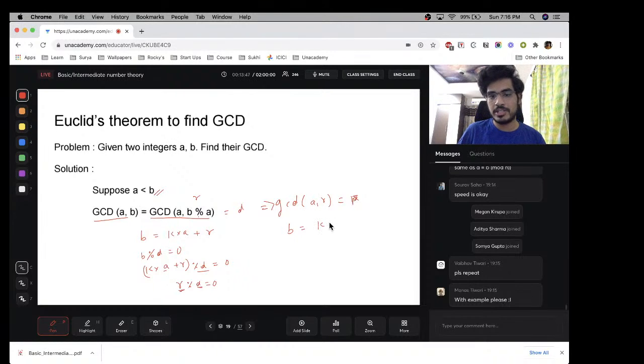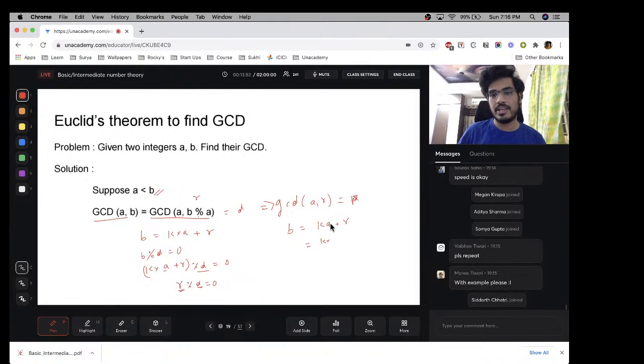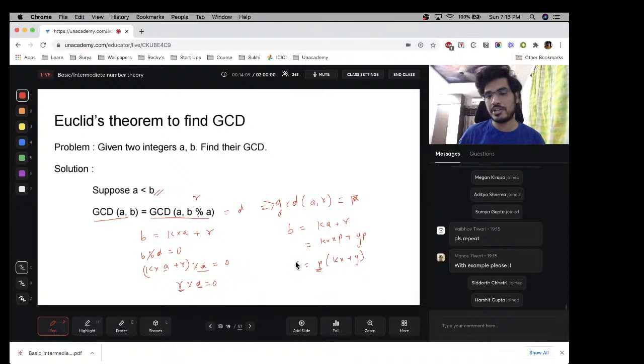Then b equals k a plus r. Since p is a divisor of a, we can write a as x into p, and r we can write as y into p. So p is also a divisor of b. P is also a factor of b.